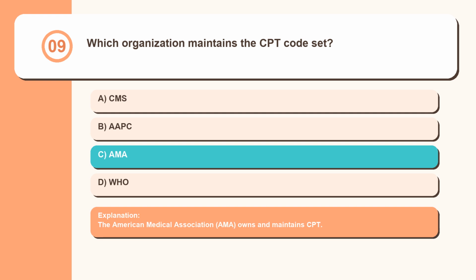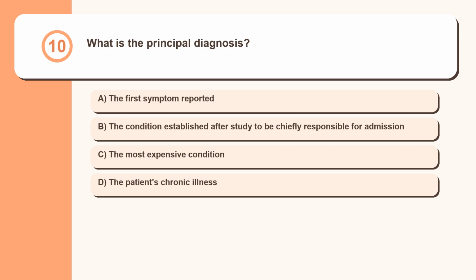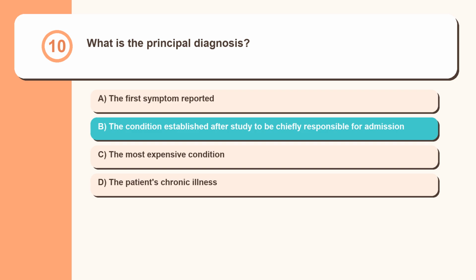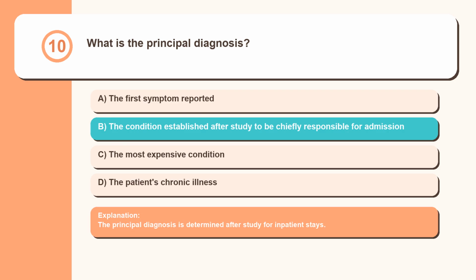The American Medical Association, AMA, owns and maintains CPT. Question 10. What is the principal diagnosis? The first symptom reported. The condition established after study to be chiefly responsible for admission. The most expensive condition. The patient's chronic illness. The principal diagnosis is determined after study for inpatient stays.